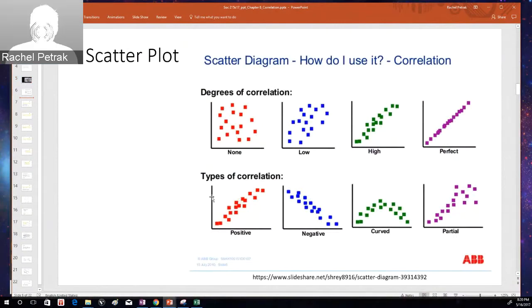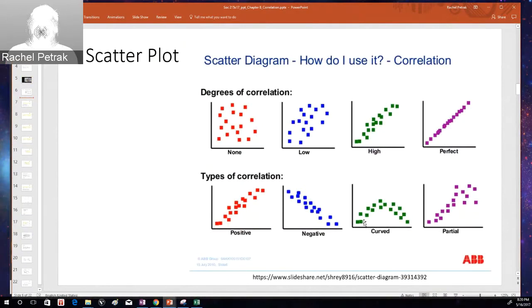We have these four basic types of correlation here. We'll discuss, I think, one or two others, but primarily we'll look at positive correlations and negative correlations. These would be directions. We also have a curved type of correlation.